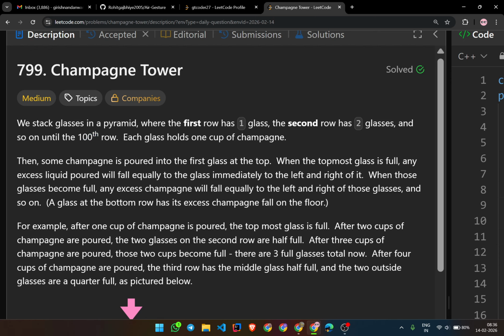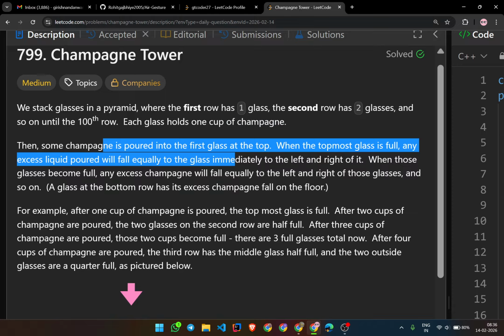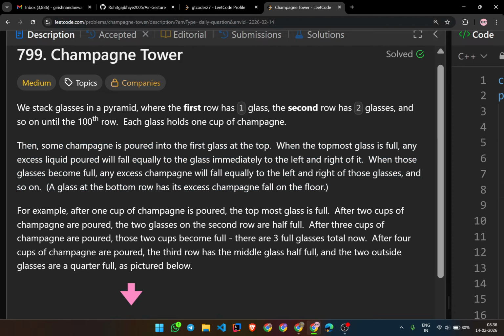Each glass holds one cup of champagne. Some champagne is poured into the first glass at the top. When the topmost glass is full, the excess overflows into the glass immediately to its left and its right.